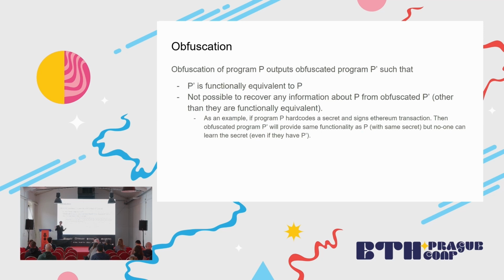But they cannot learn the exact instructions of the program, or anything about its implementation details. One instance of this could be that you take your program that signs using a secret key, obfuscate it and send it to someone else. Now anyone can produce signatures on your behalf, but they can never learn your secret key if you obfuscate it. Okay?